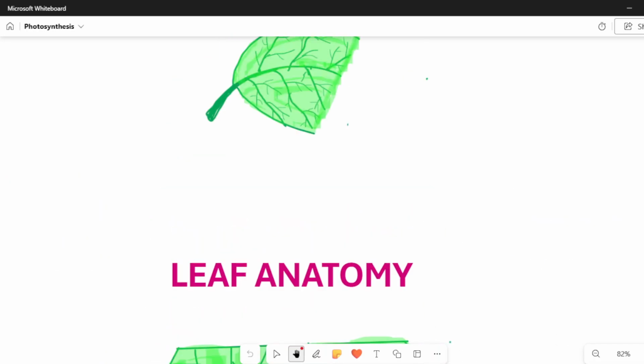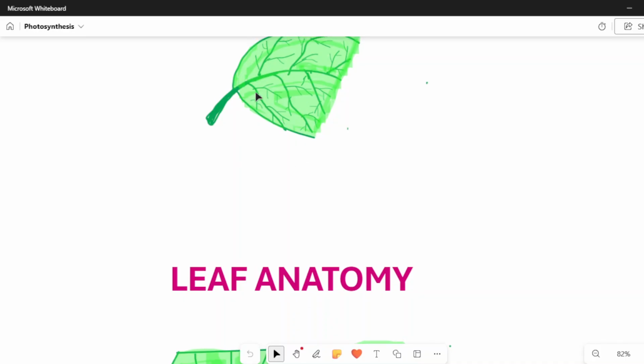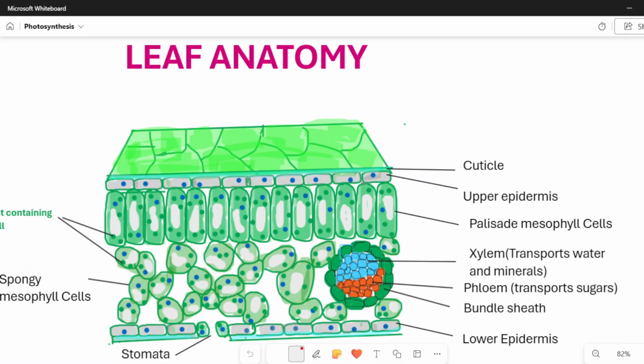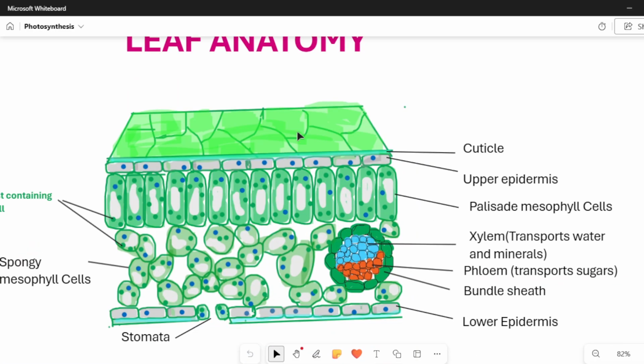So if I go up and show, these veins are there, right? These midrib veins, venules. The internal structure of this is displayed here. This is the cross section of the veins present in the leaf.